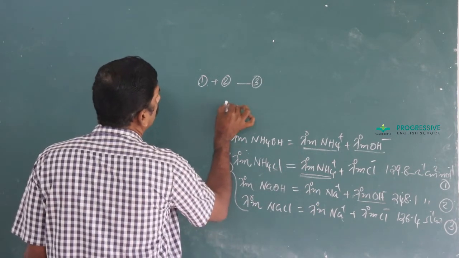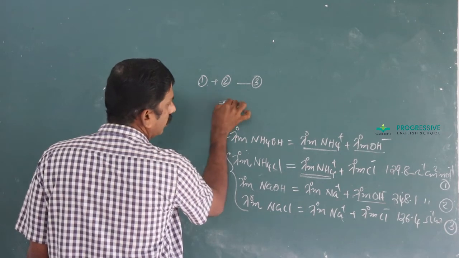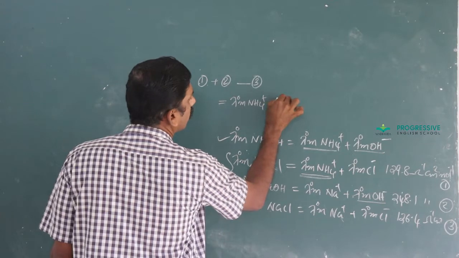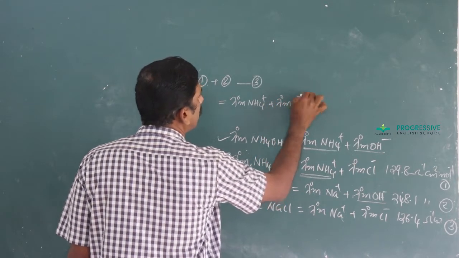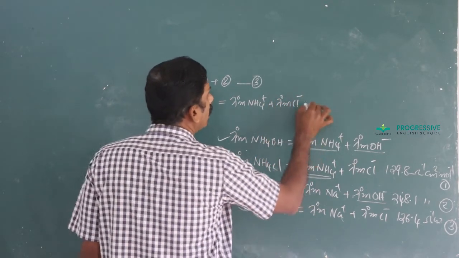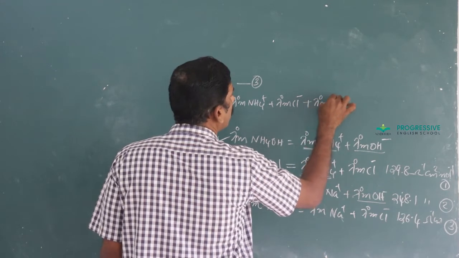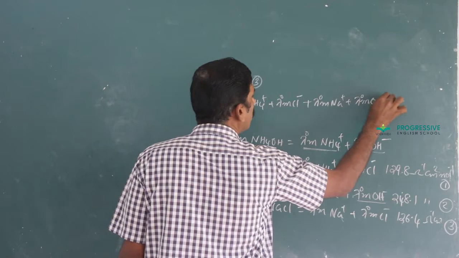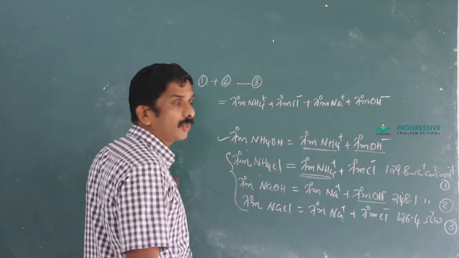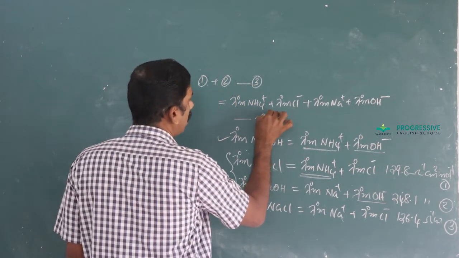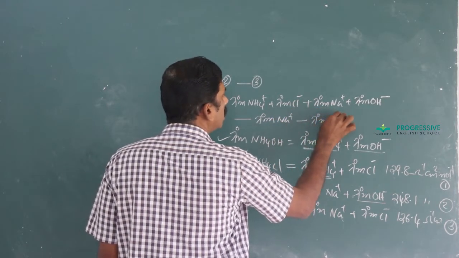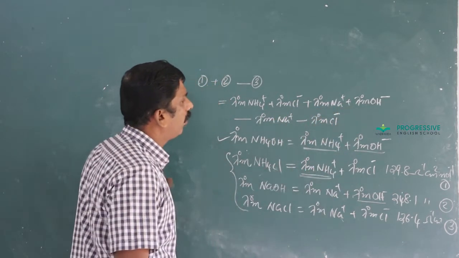That is equal to lambda 0m NH4 plus plus lambda 0m Cl minus plus lambda 0m Na plus plus lambda 0m OH minus minus lambda 0m Na plus minus lambda 0m Cl minus.